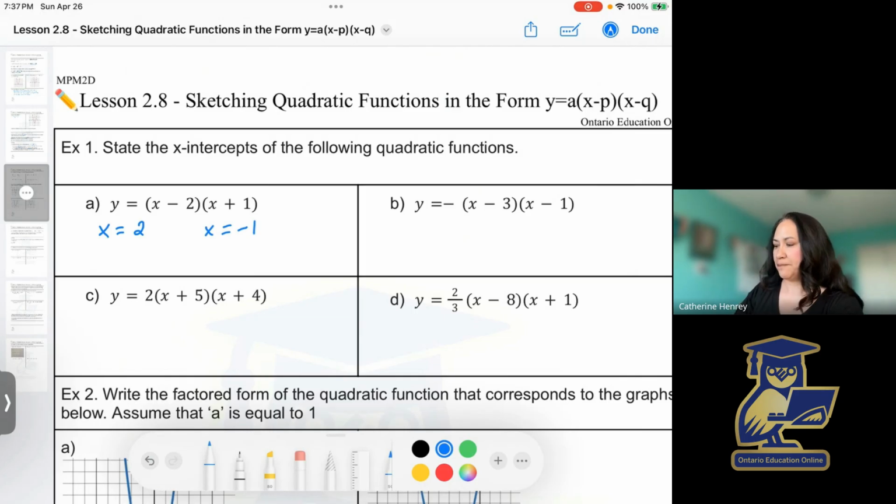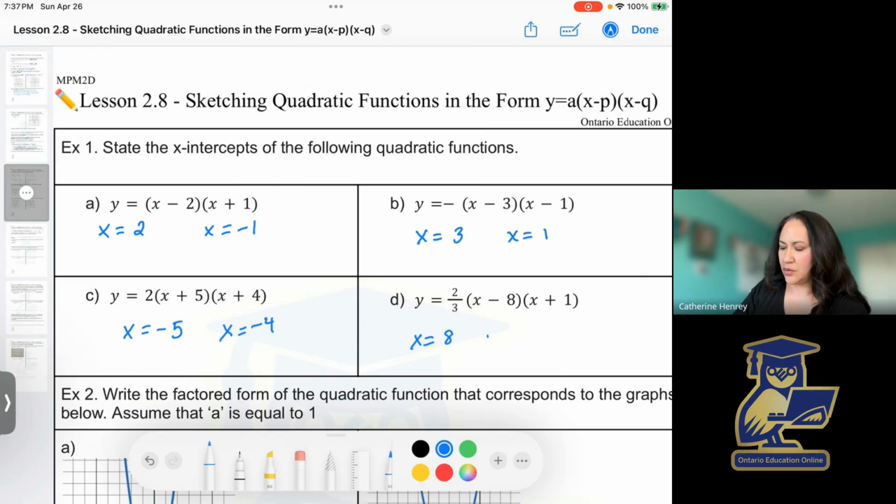Always opposite. Over here, for b, x equals 3, and the other intercept is x equals 1. For c, one intercept is x equals -5, and the other is x equals -4. And for d, x equals 8, and the other intercept is x equals -1.